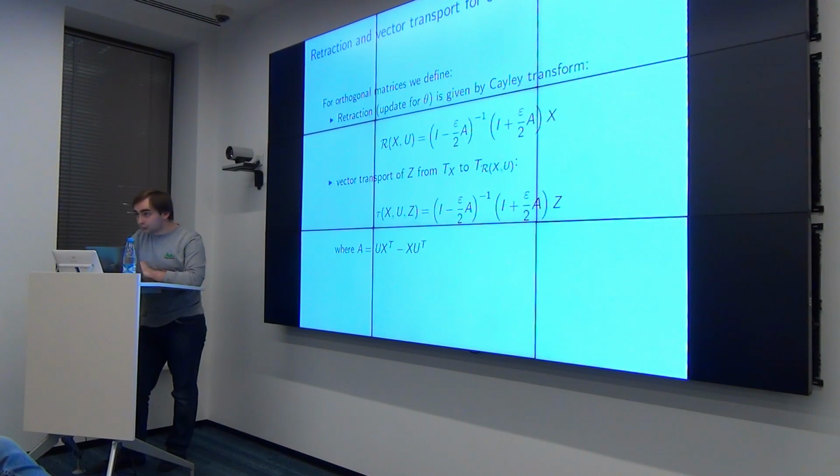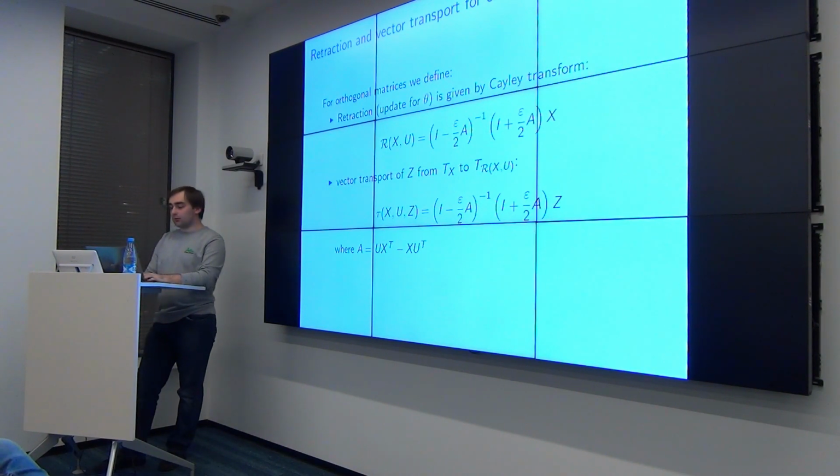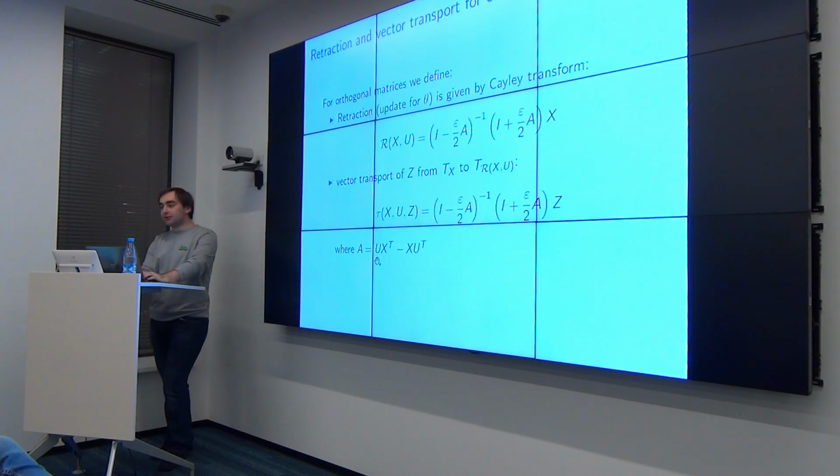Can you one more time explain which are these matrices? So what is U? What is Z? U is the direction in which you want to go. X is the point at which you stand. U is any tangent vector.